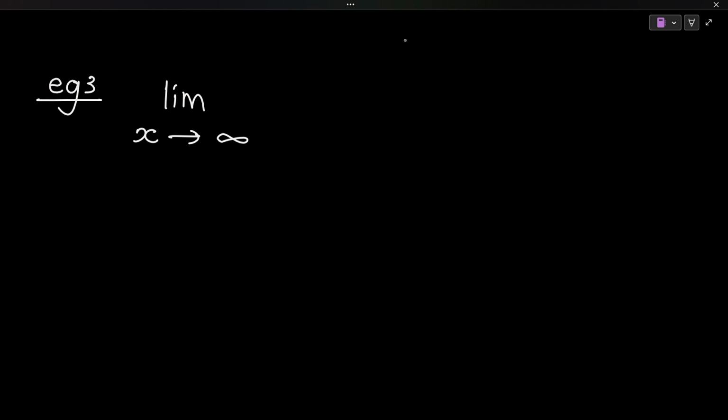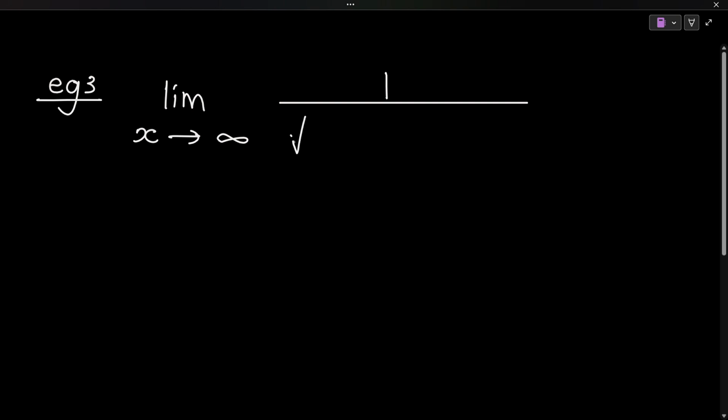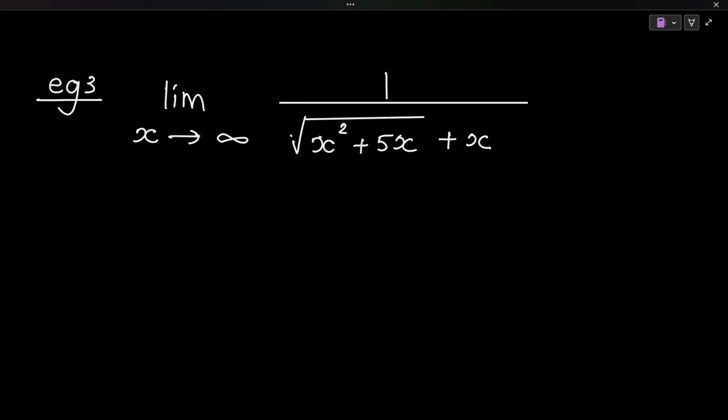And our function is now 1 over, in our denominator, we've got the square root of x squared plus 5x, and next to that, we've got plus x.